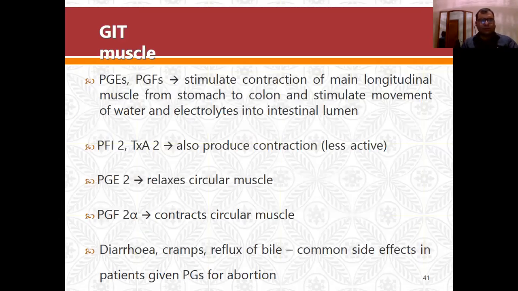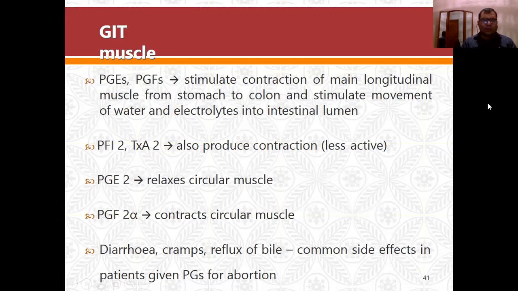GIT muscle. Prostaglandin E and prostaglandin F stimulate contraction of the main longitudinal muscle from stomach to colon and stimulate movement of water and electrolytes into the intestinal lumen.